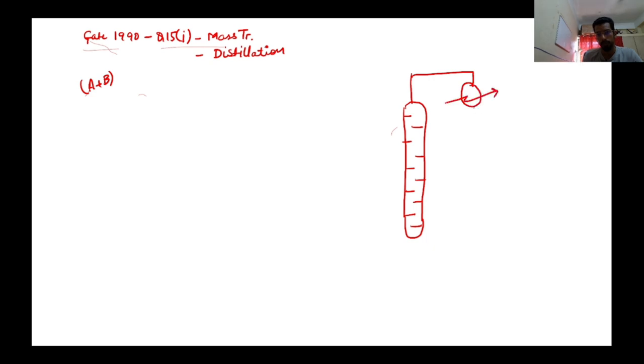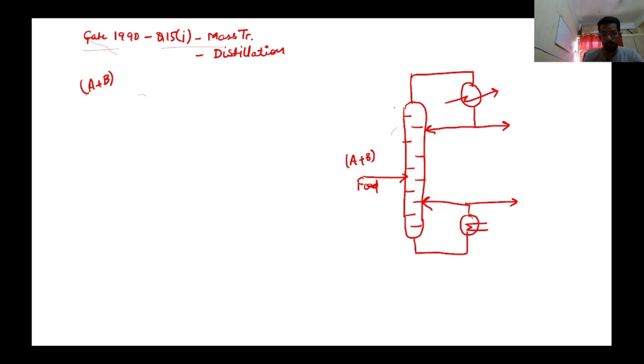I hope you all are familiar with the symbols of the unit operations, because GATE recently added those as well, right? This is the heater. This will go in. This will go out. This is the feed line. Feed, where we have A plus B.